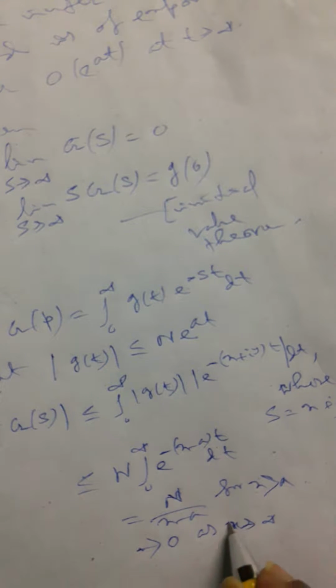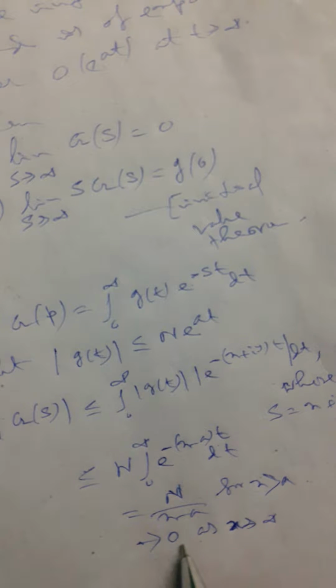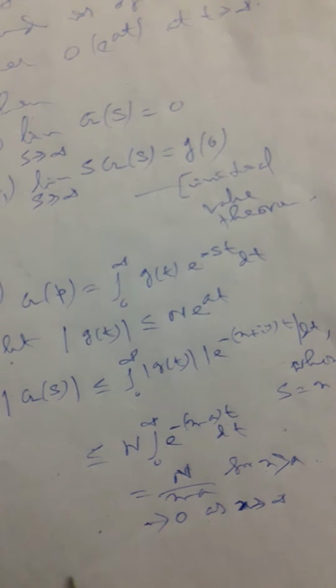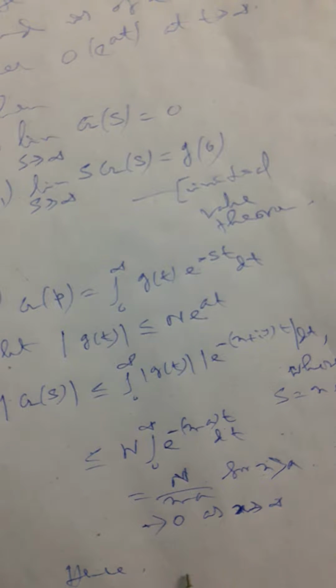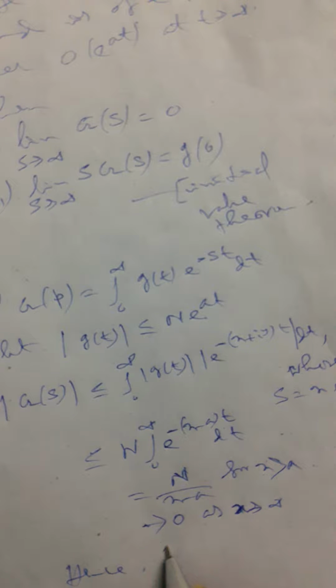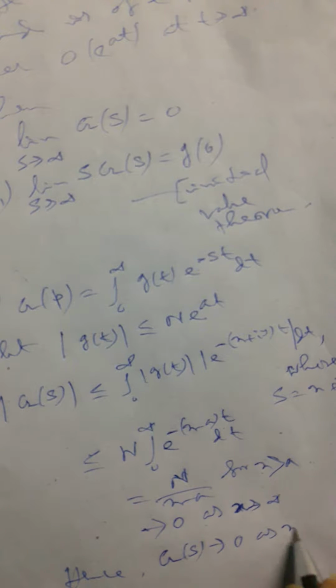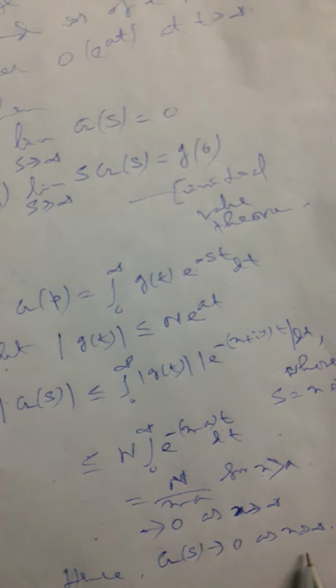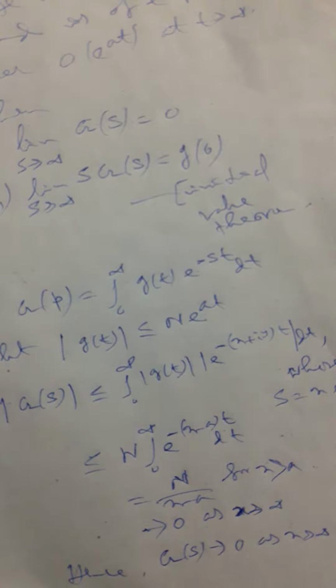Hence we can say G(s) tends to 0 as x tends to infinity, if we are taking the real path.